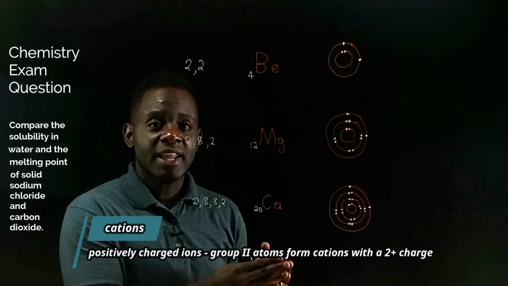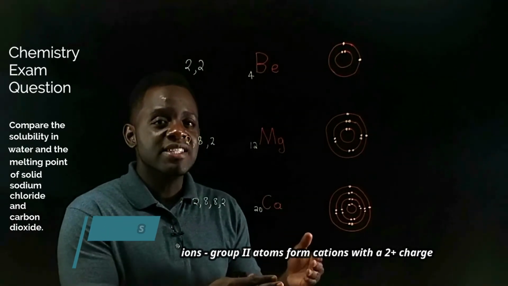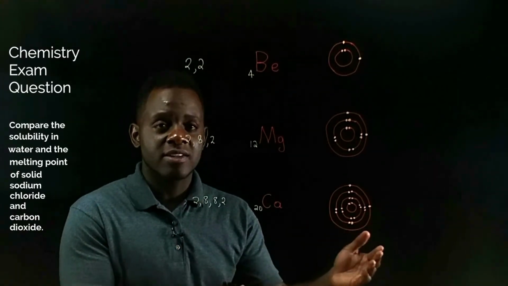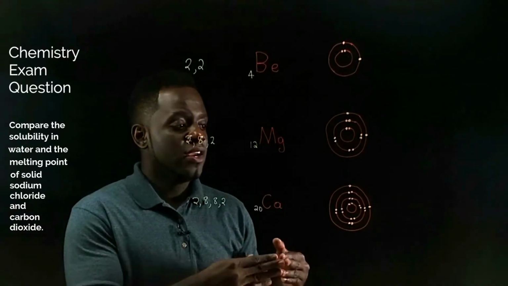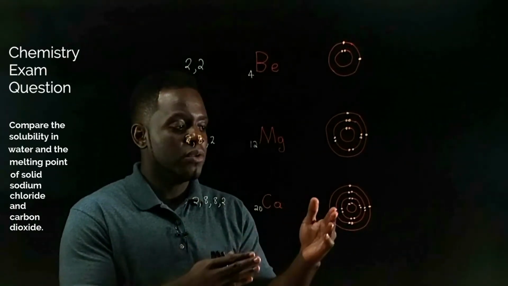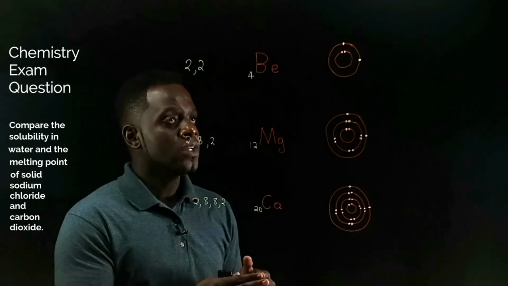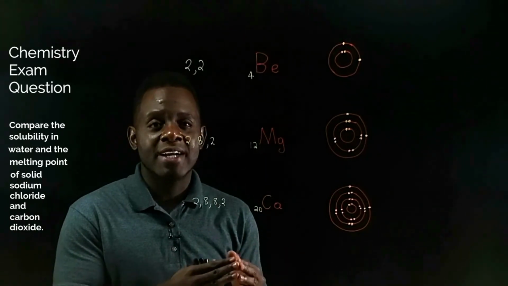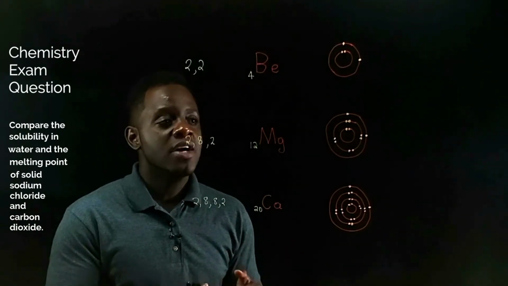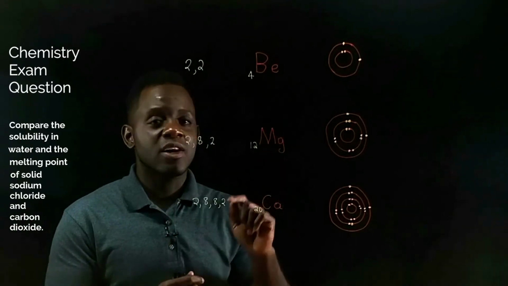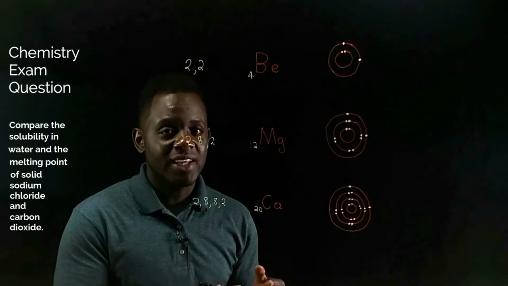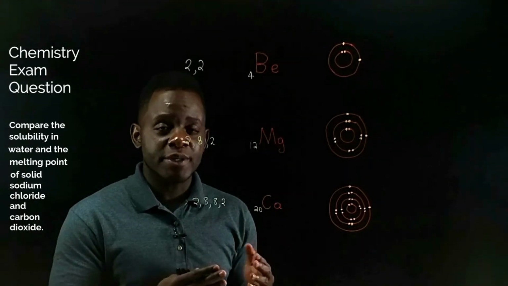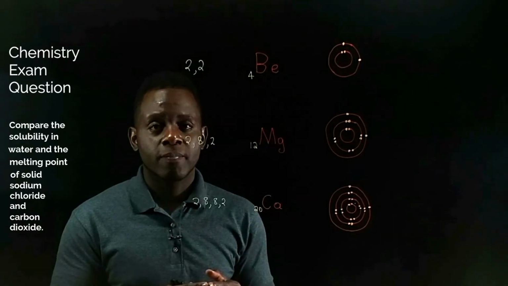So if the electrons are more easily lost from the atom in the formation of ions, then the atom itself will be more reactive. And we can see this with how magnesium and calcium react with cold water. With cold water, magnesium reacts very slowly, as opposed to calcium, which reacts very vigorously.